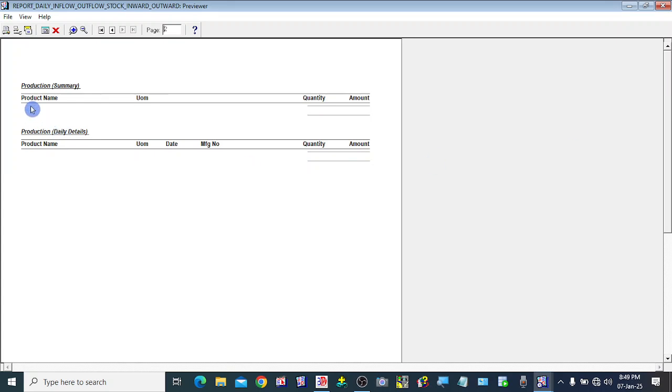Also, if there is any production, how many productions have taken place, and in each production, what are the products you have consumed or what are the products you have produced.